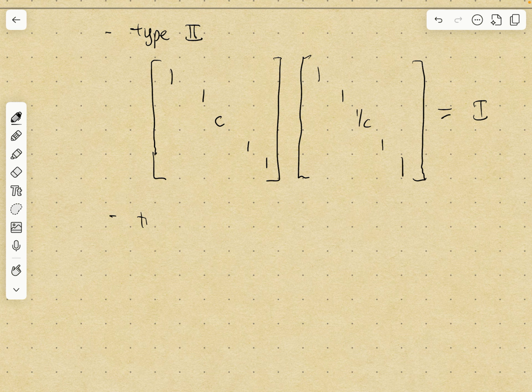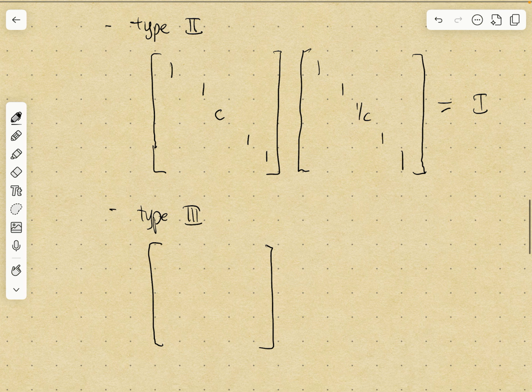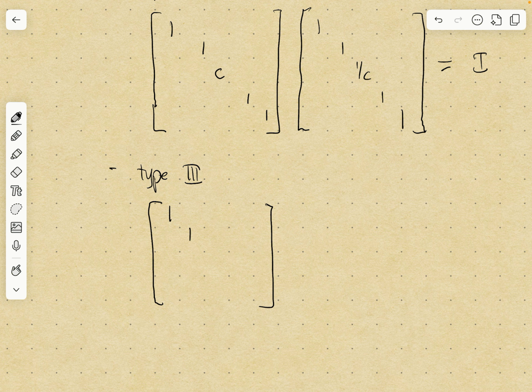Okay, and then the last one is type 3. Again, let's just look at a specific example. Let's take the 5 by 5 identity matrix that you get by replacing row 2 by row 2 plus C times row 4. Well, that's just going to put a C in the 2, 4 position.